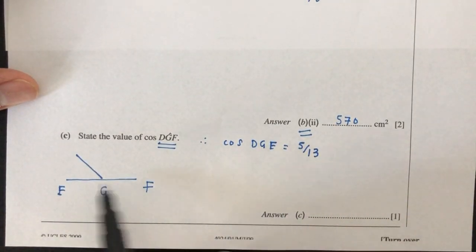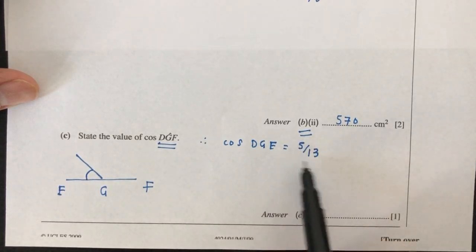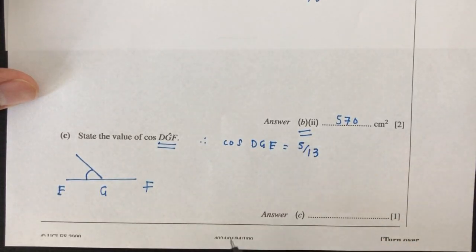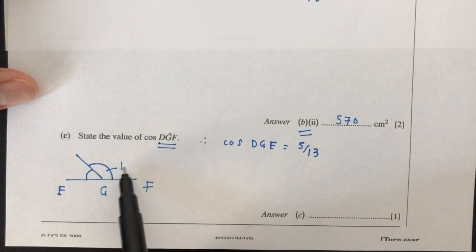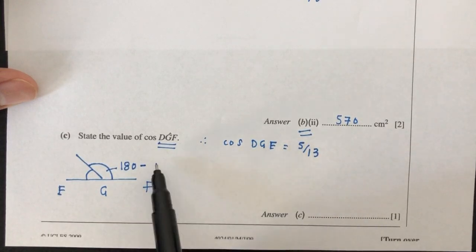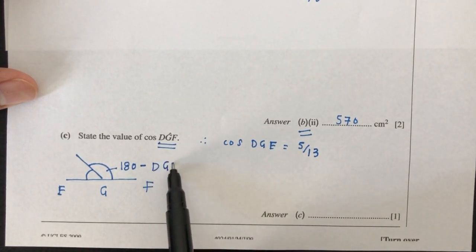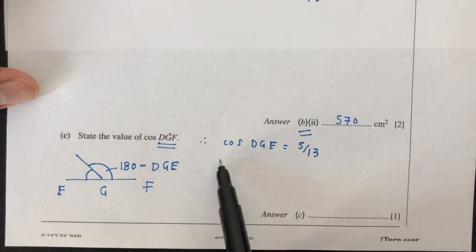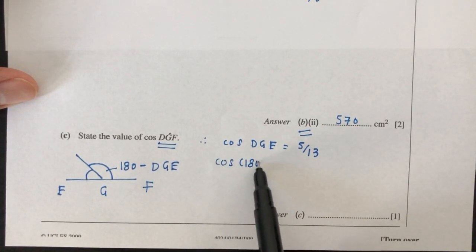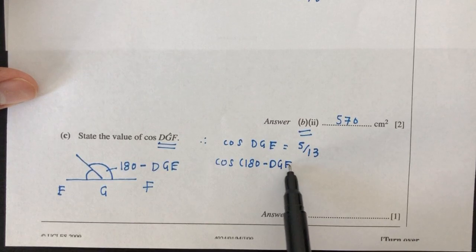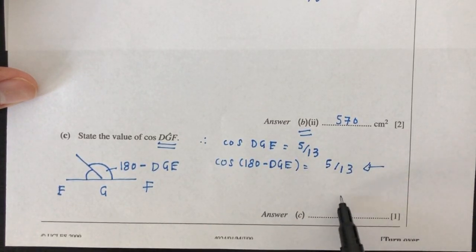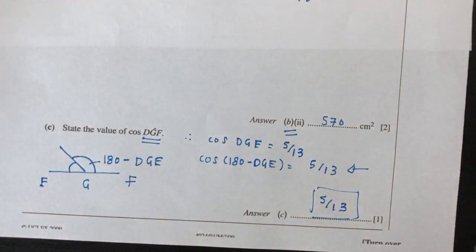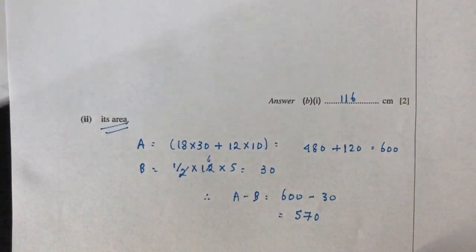So cos DGE is given by 5 over 13. So what is this angle? This is just 180 minus angle DGE. So we're asked to find the cos of 180 minus DGE, and it is the same as this one, so it will be 5 over 13. That will be your answer for part 22.